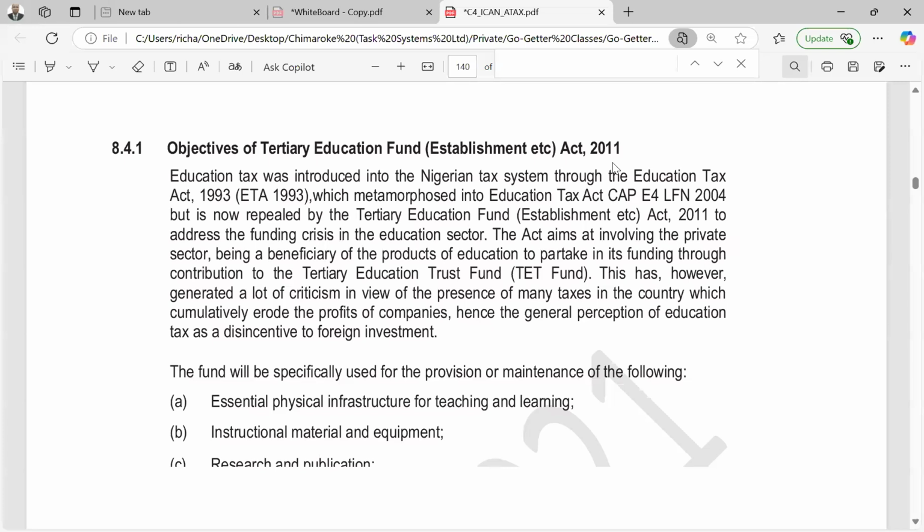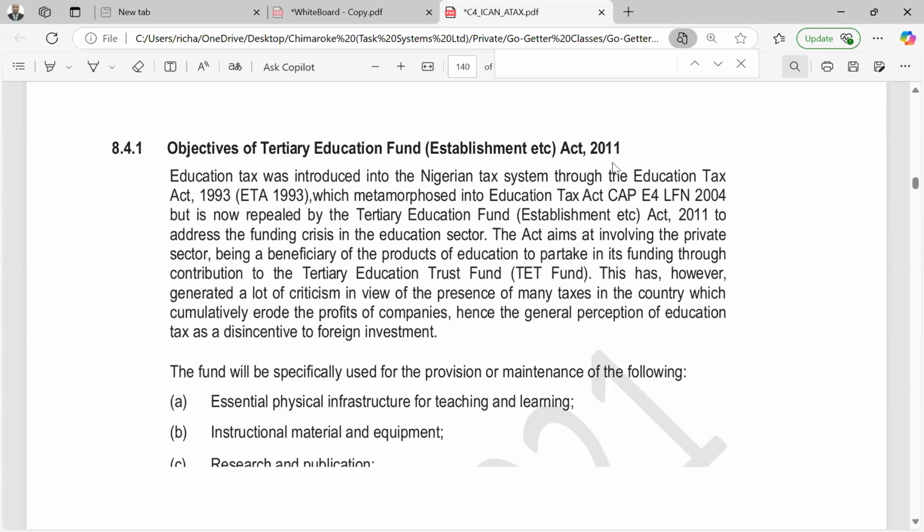Then it metamorphosed into the Special Education Tax Act of 2004, which was then repealed or replaced by the Special Education Fund Act of 2011. And the aim of this is to provide the education sector with funds.